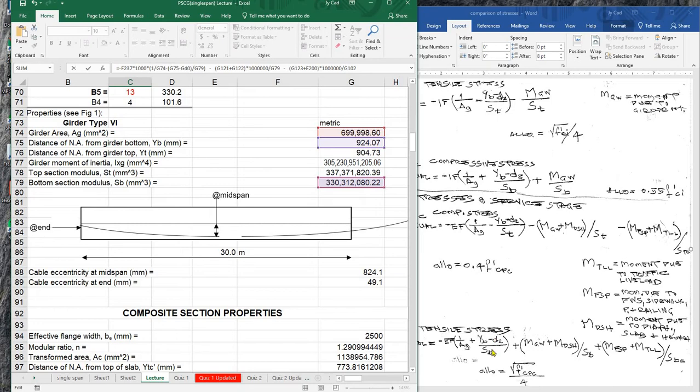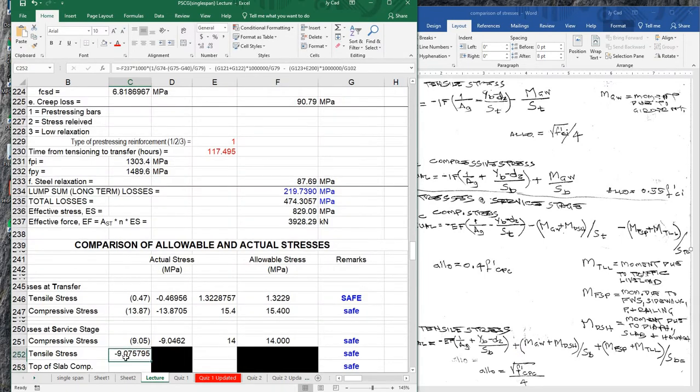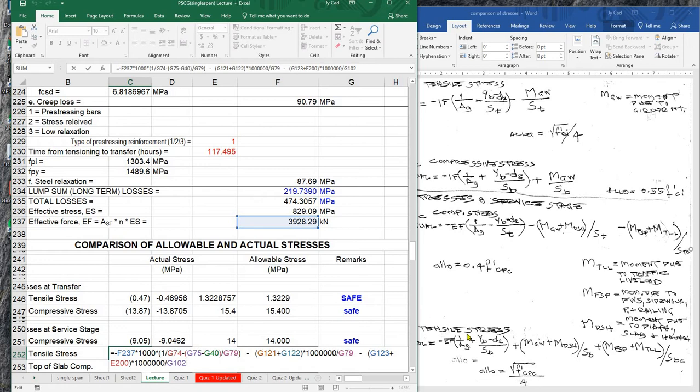Okay, next. Check natin ngayon yung signs. So, I'll press enter. Dito, so that is negative, negative, and then sa loob, ito naging negative going to positive. So, ito siya.